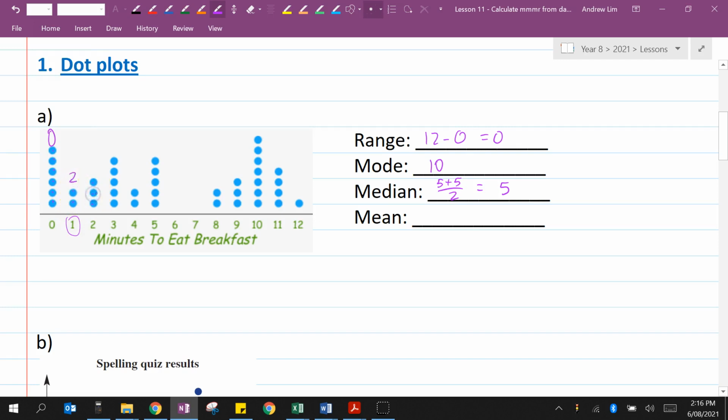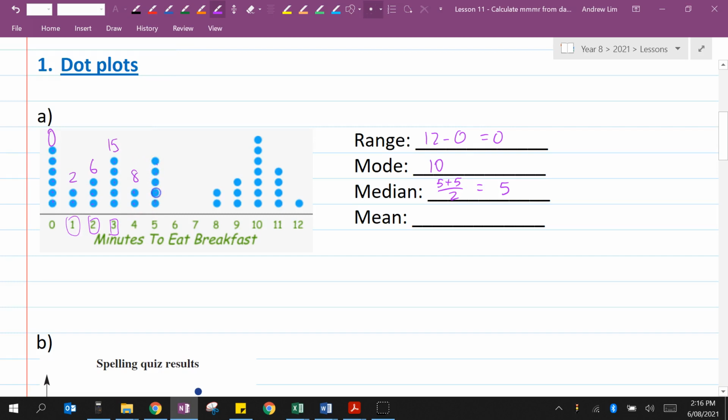These 3 people took 2 minutes each, so 3 times 2 is 6. These 5 people took 3 minutes each. 3 times 5 is 15. These 2 people took 4 minutes each. 2 times 4 is 8.